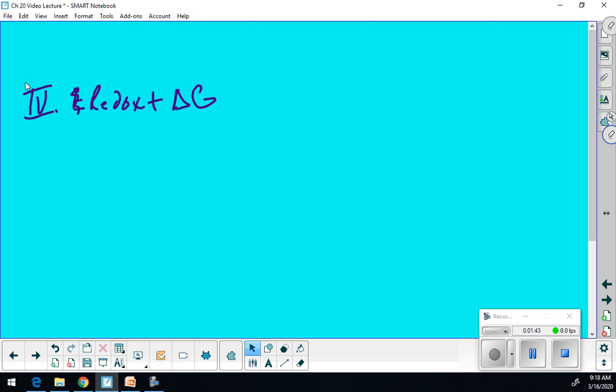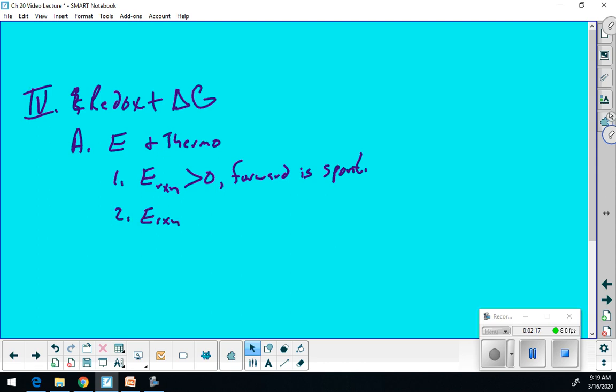We did mention last time that we have a relationship with my E and thermo. We said that when my E for my reaction is greater than 0, then the forward reaction is thermodynamically favored, i.e., it is spontaneous, and that when my E for my reaction is less than 0, then the reverse reaction is spontaneous.